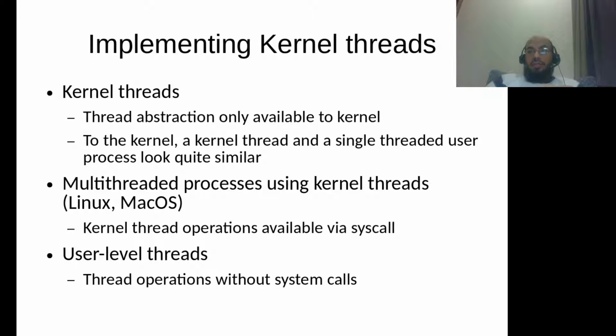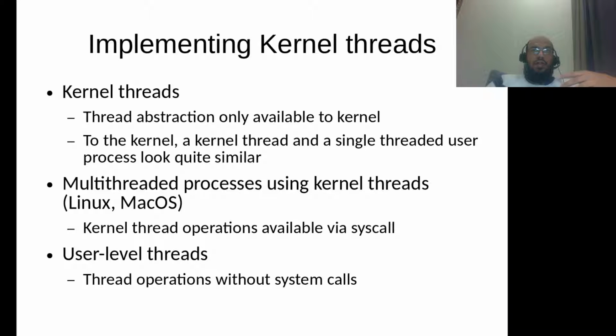And the way that multi-processes are implemented in many operating systems, including Linux and Mac OS, is that you have them implemented using kernel threads. So you have the kernel threads that run inside the kernel, and you expose some of the functionality using system calls.